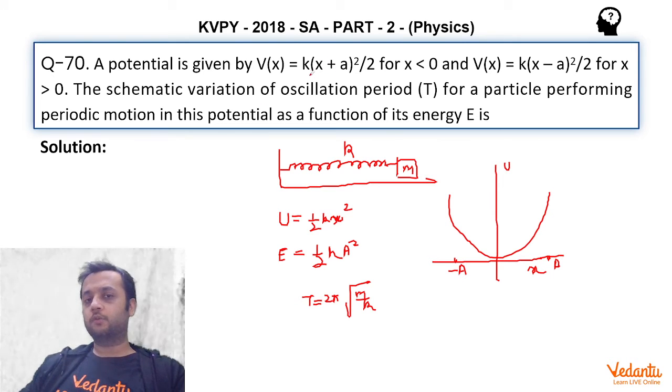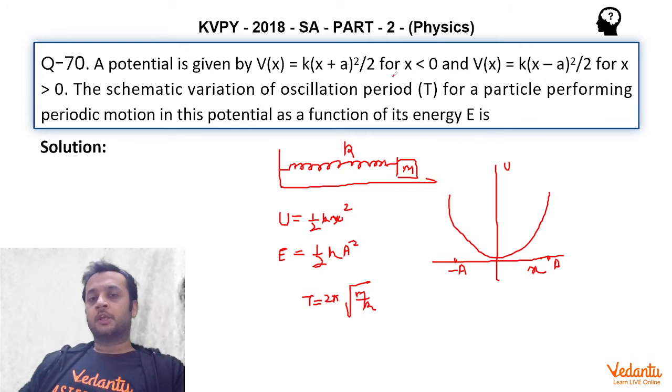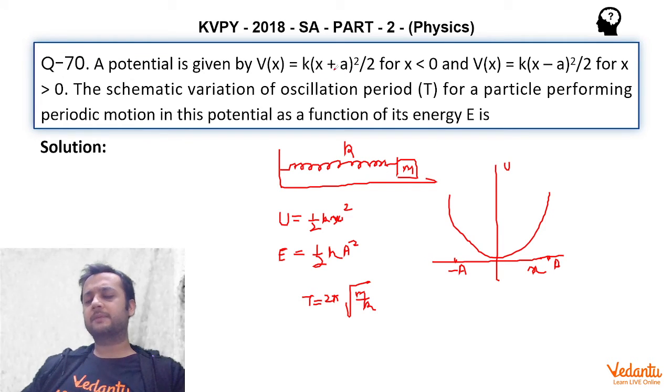Here, there are two potential functions, k(x plus a) whole square and k(x minus a) whole square. For x less than 0, it is k(x plus a) whole square. For x greater than 0, it is k(x minus a) whole square by 2. If you draw the graph of k(x plus a) whole square, you can see that this becomes 0 at x equals to minus a, and at x equals to 0, this becomes half k a square.